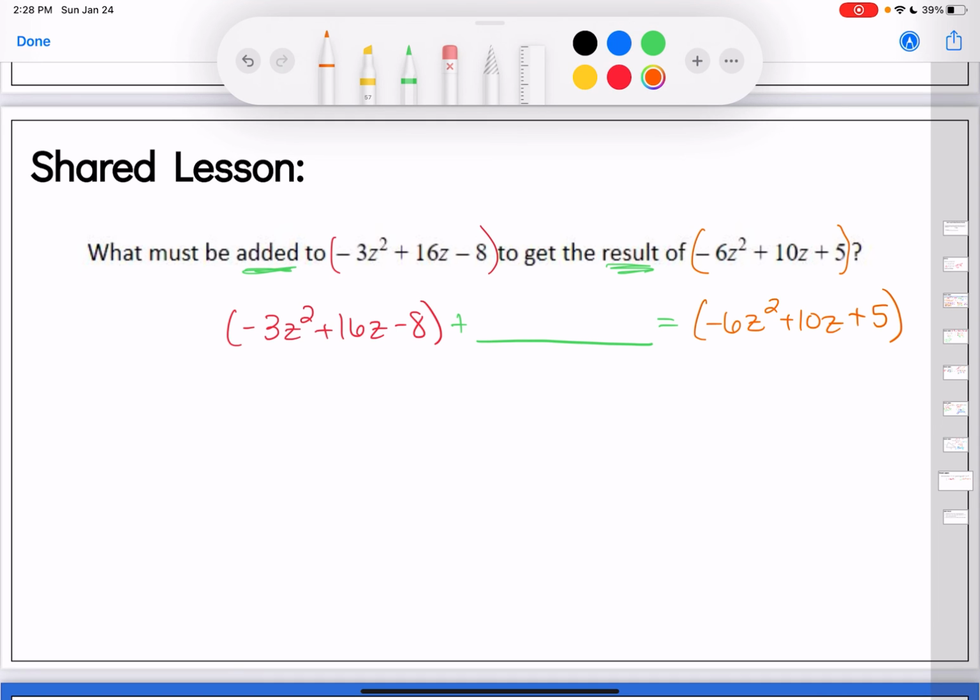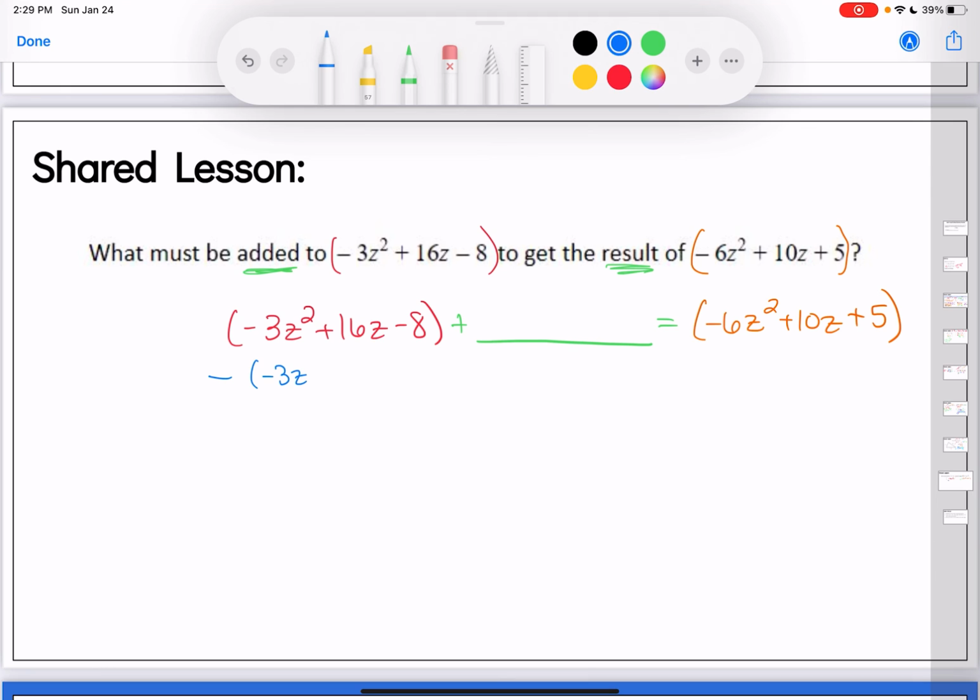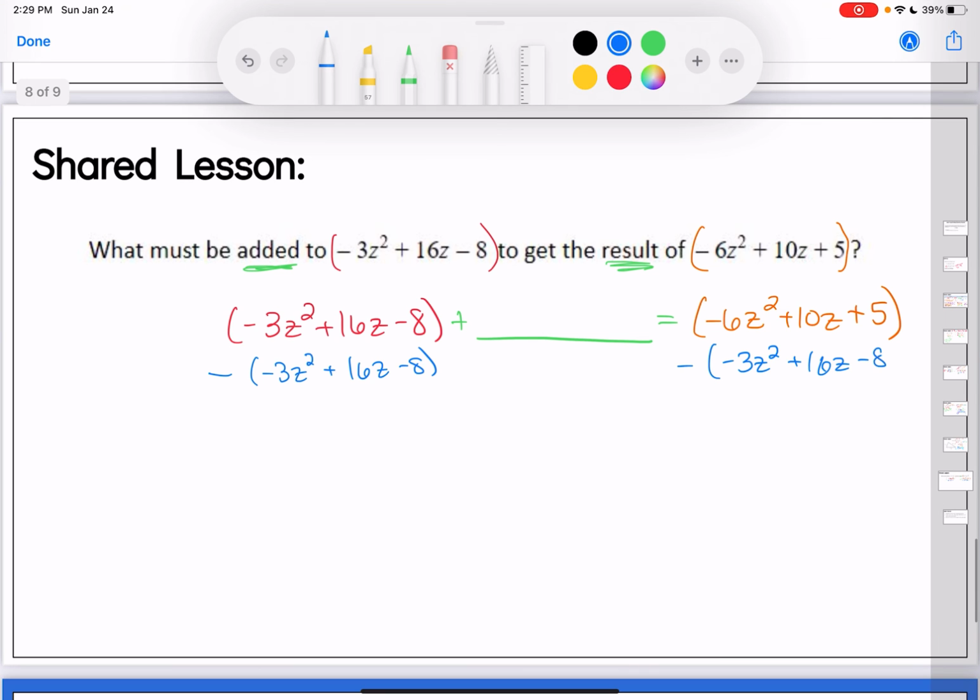Well, if I want to figure out what it is that I'm going to add to the red one to get the result of the orange one, really what I'm doing is subtracting this one from both sides, so that it cancels over here and I'm left with my green blank. So I have this green one minus what was my red one, right?